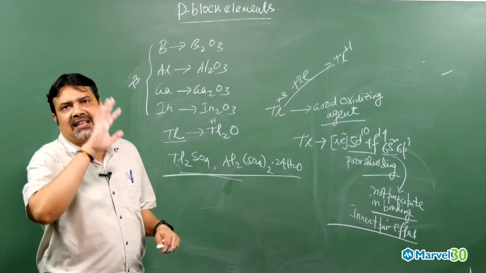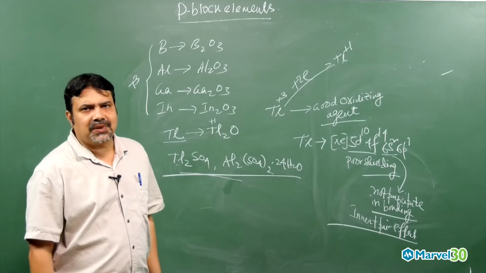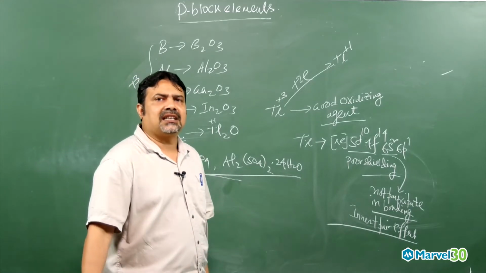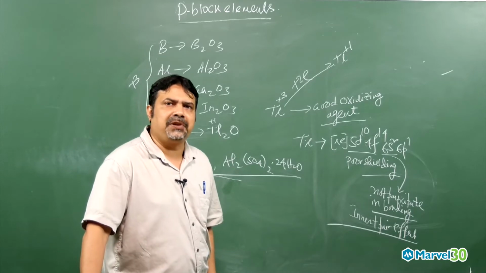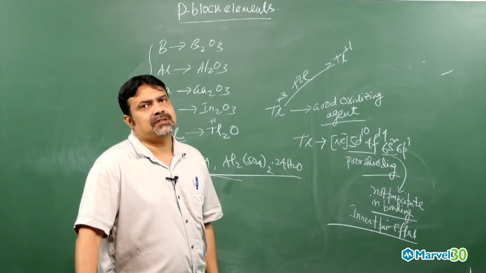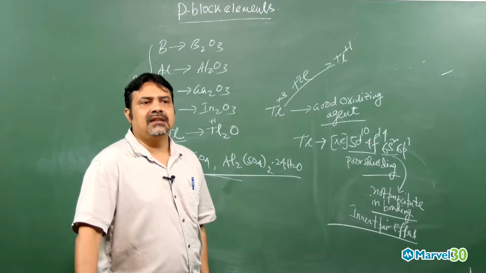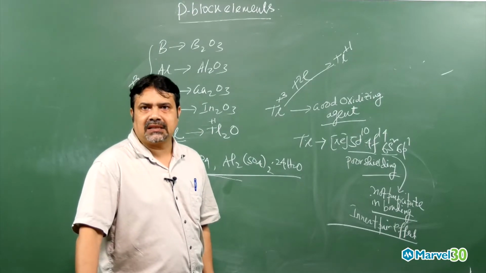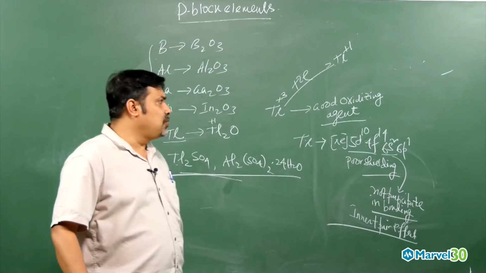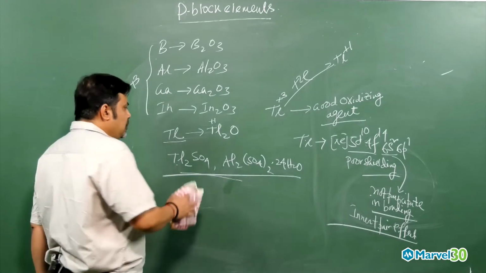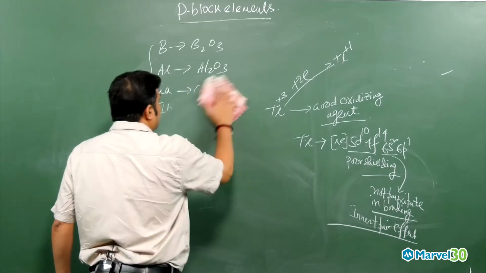That is called lanthanide contraction, and because of it, zirconium has almost the same size as hafnium; 4d elements have almost the same size as 5d elements. This is the basic thing you need to understand. Once you understand these things, you will go on to the next topic. What do we need to know?